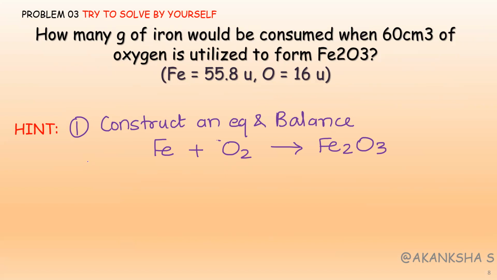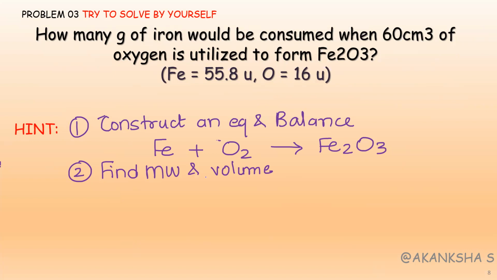I want you to utilize some time to sit and balance out this equation. Once it is balanced, you can go to find molecular weight and volume. So only one ideal gas can be seen over here, that is oxygen.